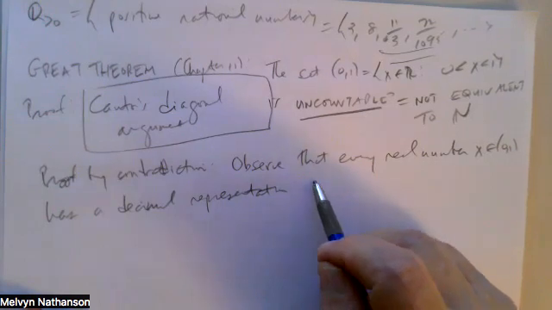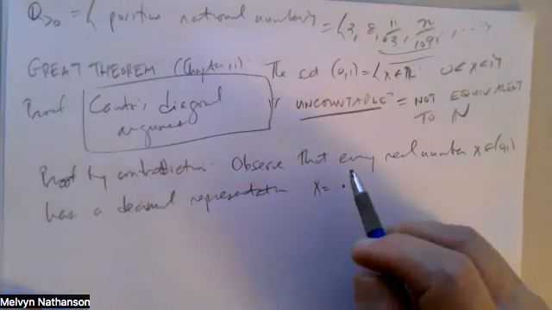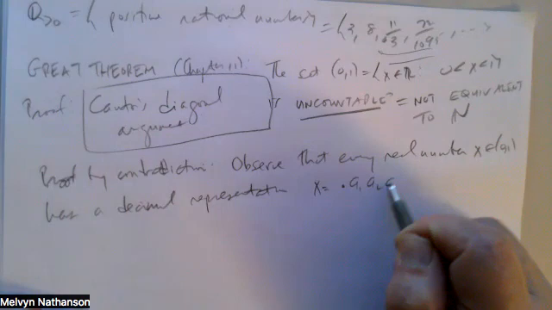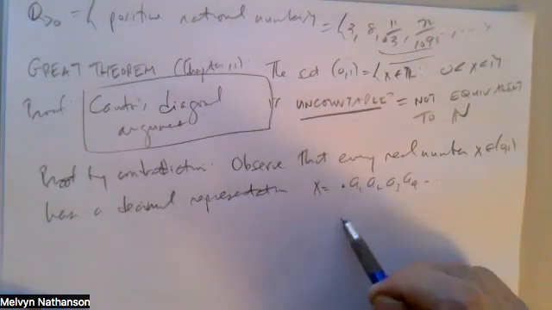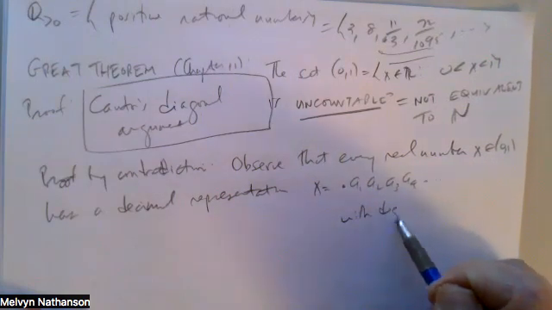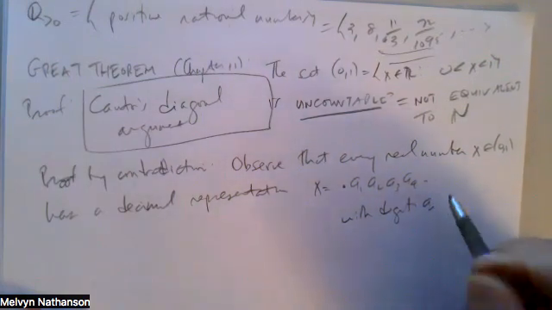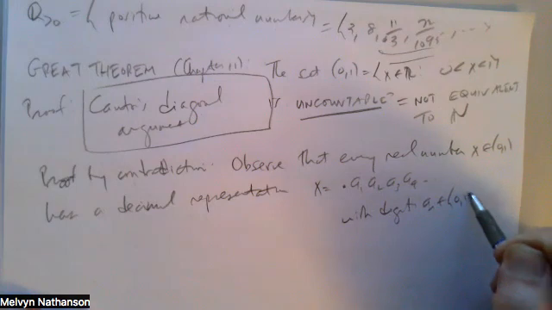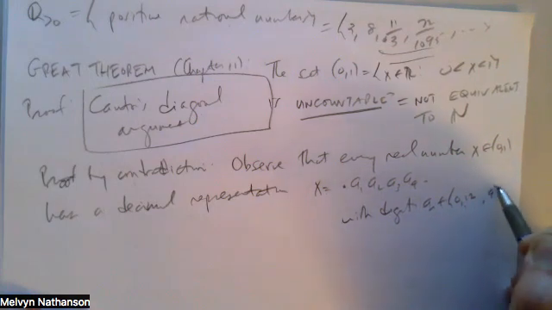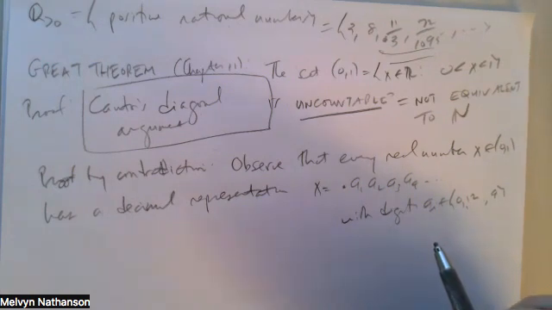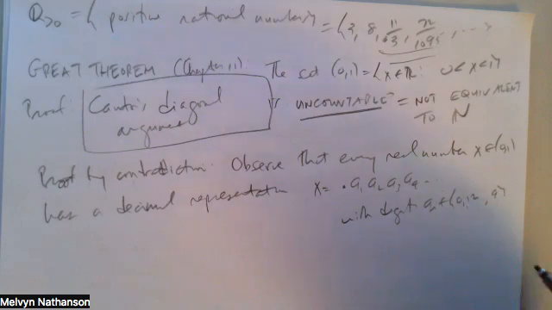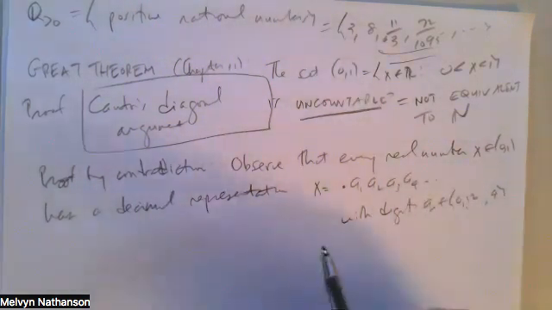You can write x as 0.A1, A2, A3, A4, and so forth, with the digits Ai between 0 and 9, right? Every number has a decimal.